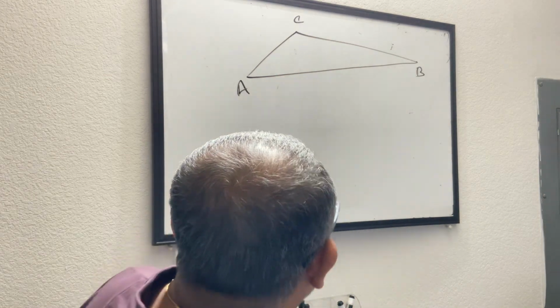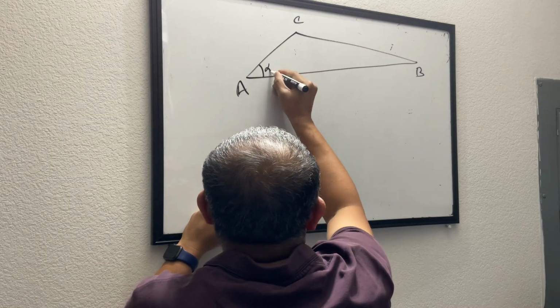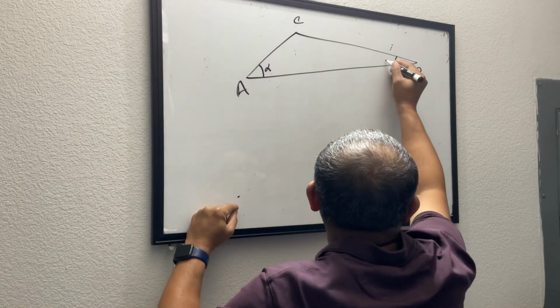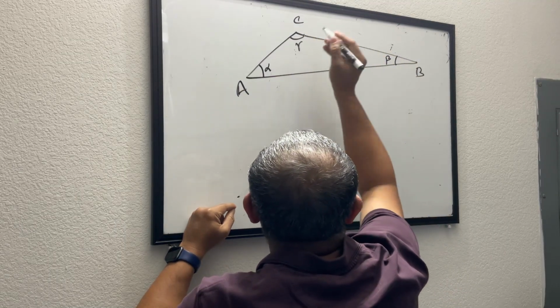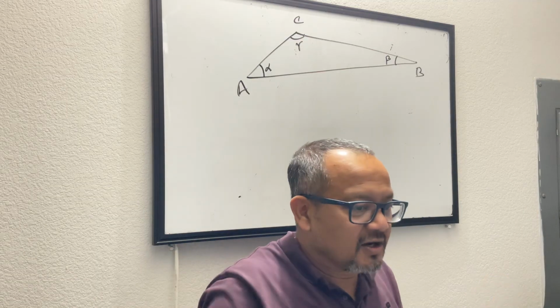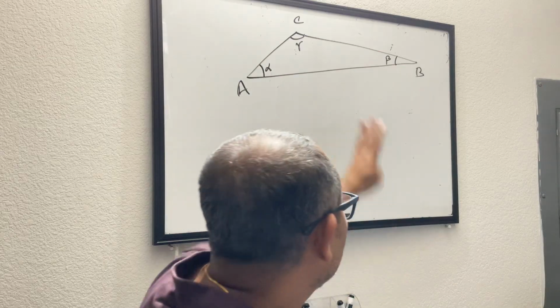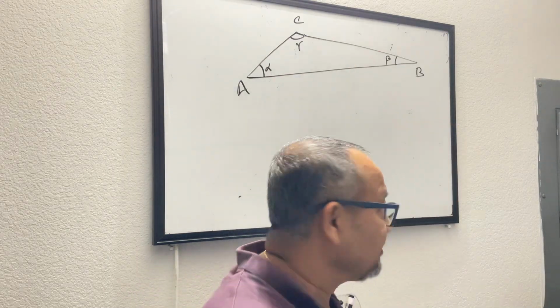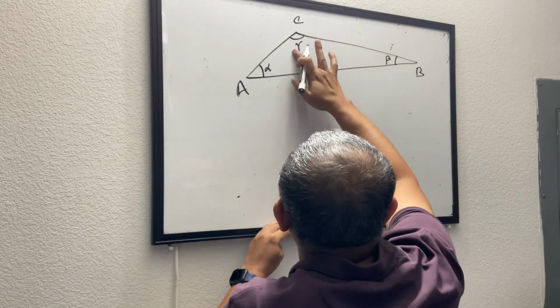Let's say this angle is alpha, this angle I am calling beta, and this angle I am calling gamma. You can call them whatever you want. I gave them the names alpha, beta, and gamma. We all know that the sum of the three angles is 180 degrees, but that is none of our business right now.